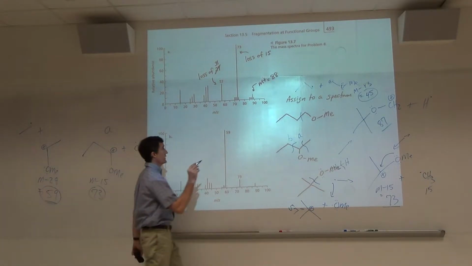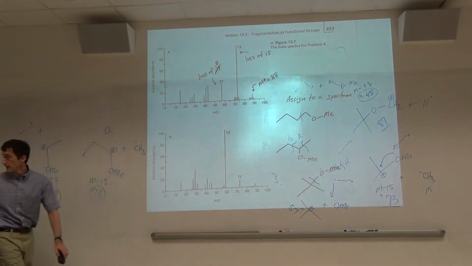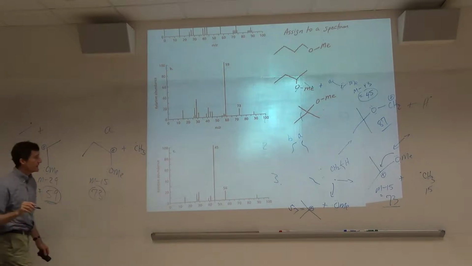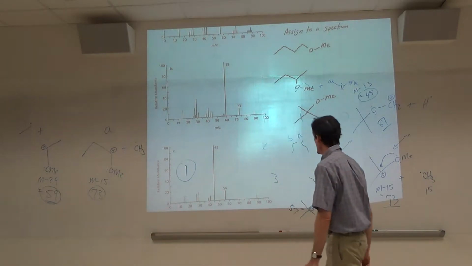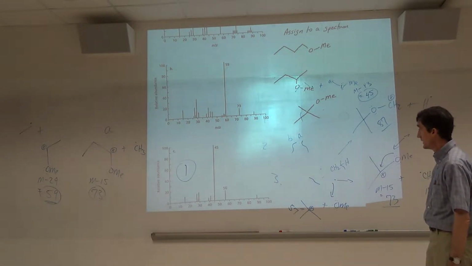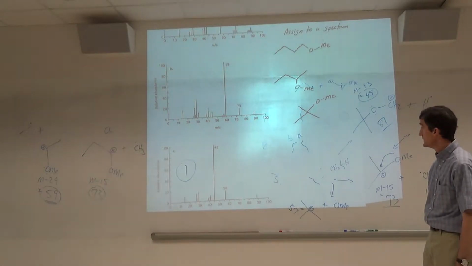So if you number these as 1, 2, and 3, the last one I'm thinking is 1. It has a 45. What is 56? That's the 32, would that be the propyl? And to get 56, you have to lose 32.